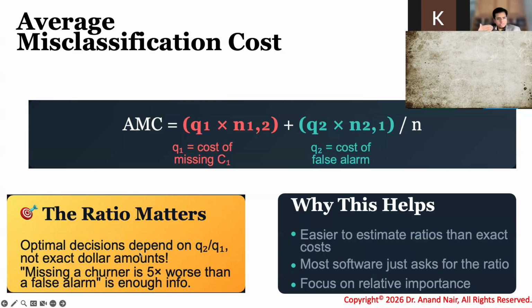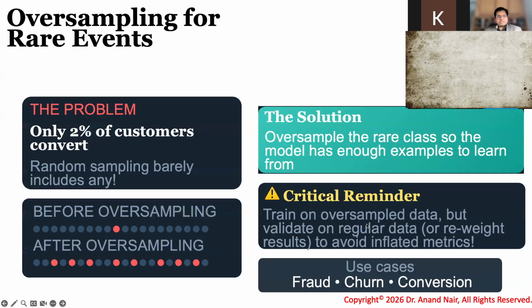So the company has to tell the model what exactly is the ratio, or how much worse it is going to be if you miss a buyer as against approaching a non-buyer with a certain promotional scheme. And then that input helps us understand which kind of model will come out. So that's something which becomes important in certain situations when we have misclassifications that have disproportionate costs depending on the type of category that we have here.